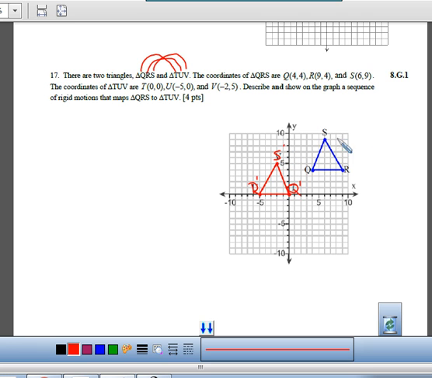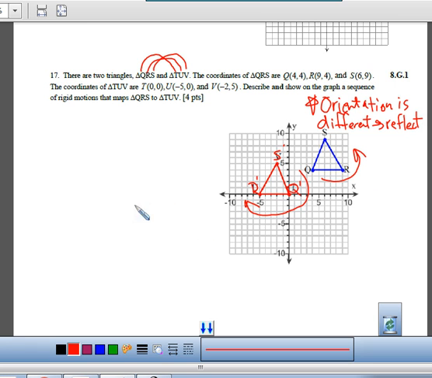Now when I look at this, the first thing I notice right away, QRS goes counterclockwise, Q prime, R prime, S prime goes clockwise. The orientation is different. So I know I need a reflection. Okay, so what am I going to do?